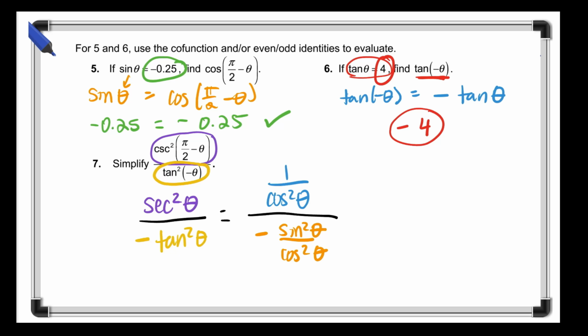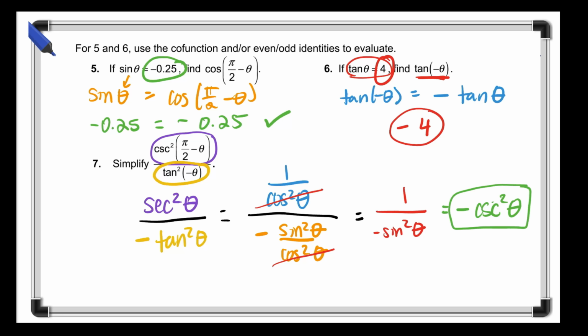So again, you're also looking at quotient identities and reciprocal identities, putting all these identities together. What I can see here is that my cosine squares are going to cancel out, and I'm going to have 1 over negative sine squared of theta, which I know is just negative cosecant squared of theta. I've got the negative there, so I'm going to go ahead and keep it.